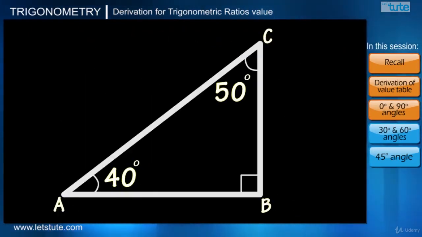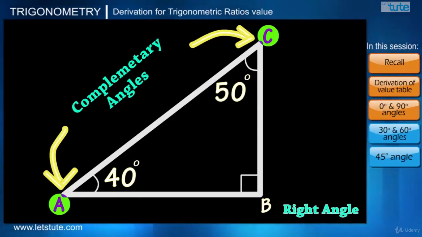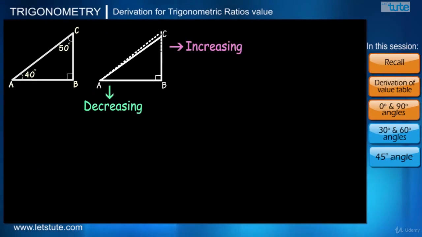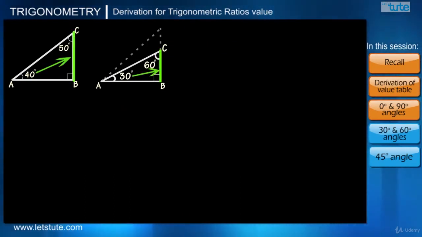And we consider a right angle triangle, say ABC, right angled at B. Angles A and C are complementary angles. So whenever we decrease any one of the two complementary angles, the other angle increases and vice versa, and its opposite side decreases.